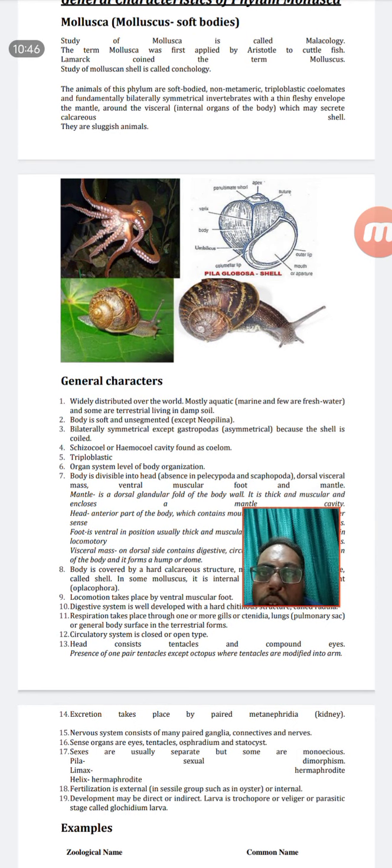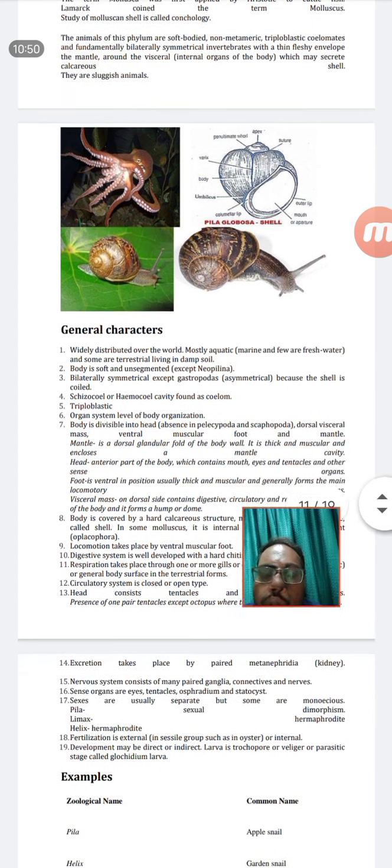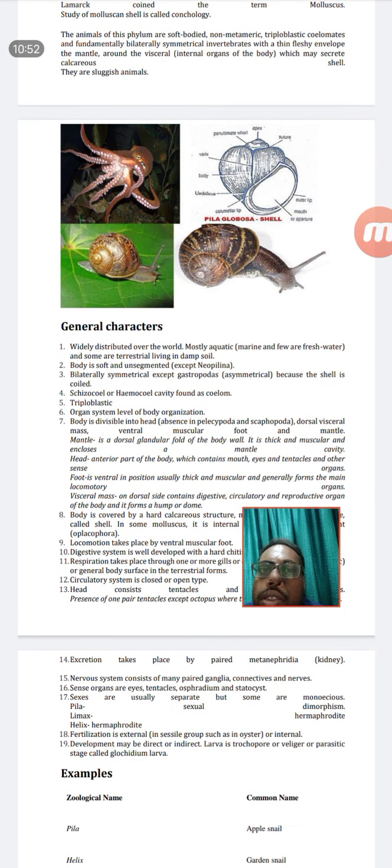We can see them all over the world, but mostly they are aquatic and they need water, because they are seen only in areas where moisture or water content is there. Since their body is soft, they don't want it to dry.